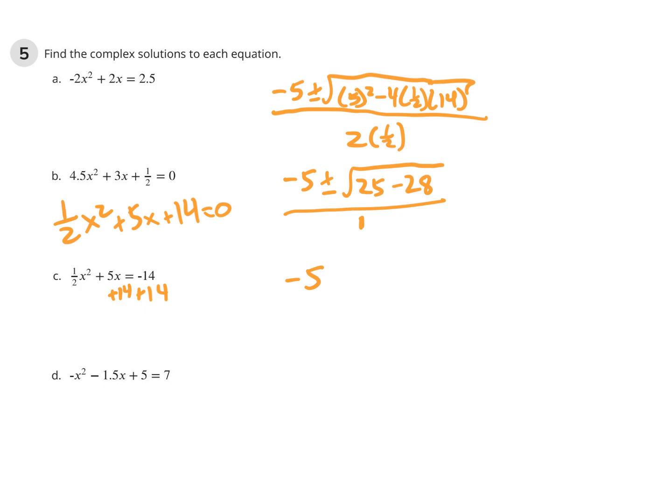Gives us negative 5 plus or minus the square root of negative 3, all over 1, which is negative 5 plus or minus i root 3. That's it.